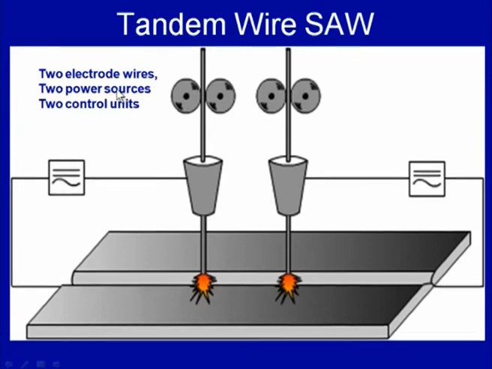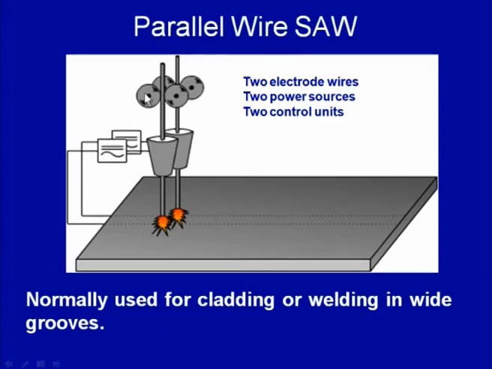In case of the tandem submerged arc welding process, two electrode wires are used, two power sources are there, and two control units are used, and in the setup we can see the two welding heads working separately. In case of the parallel wire submerged arc welding process, the two electrodes work in parallel, and this kind of setup uses two power sources and two control units.